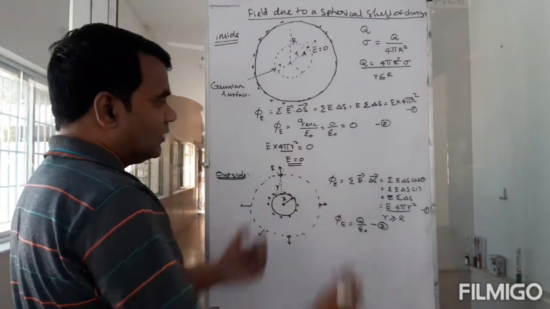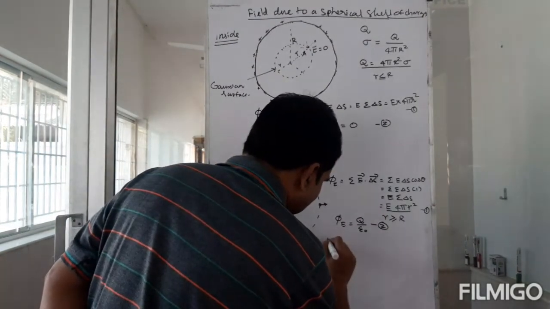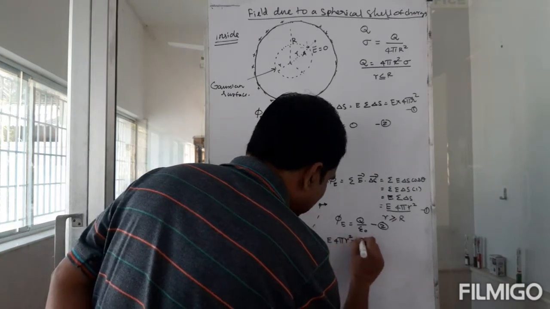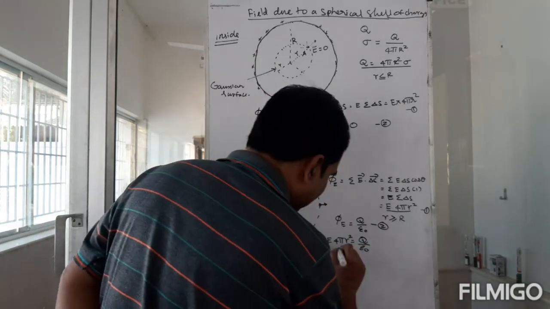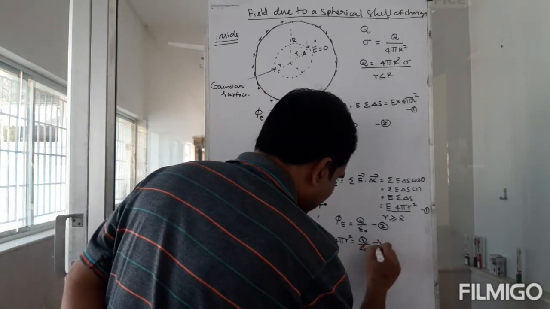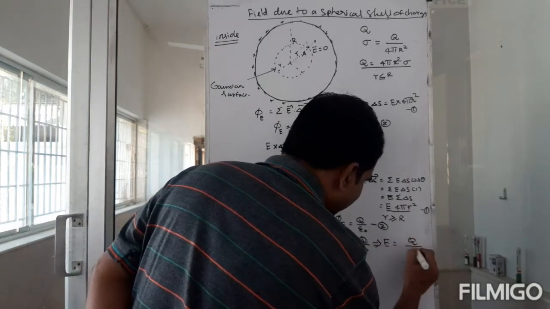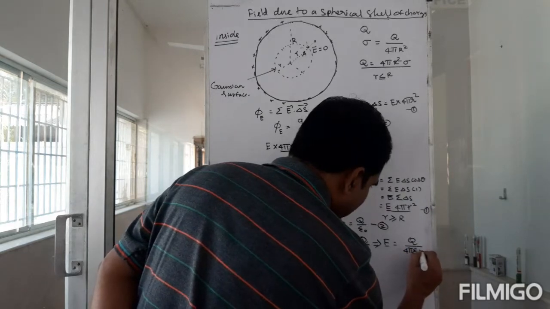And if I equate 1 and 2, since 1 is equal to 2, then I can say that E into 4 pi r squared is equal to Q by epsilon naught, or E is equal to Q by 4 pi epsilon naught r squared.